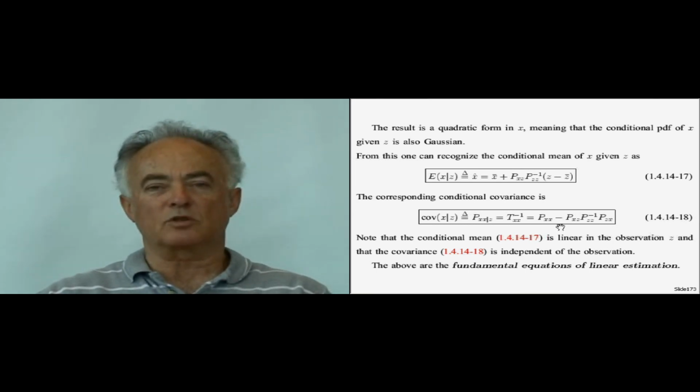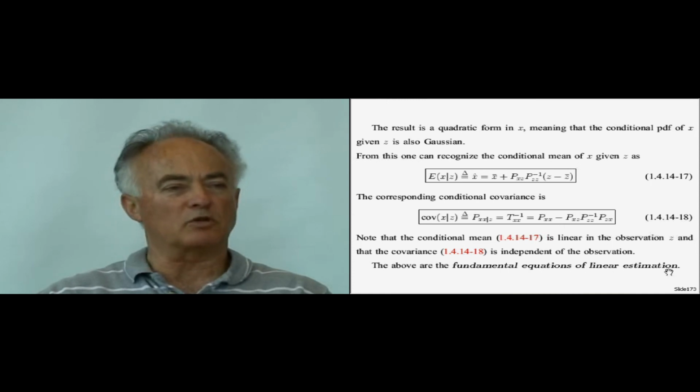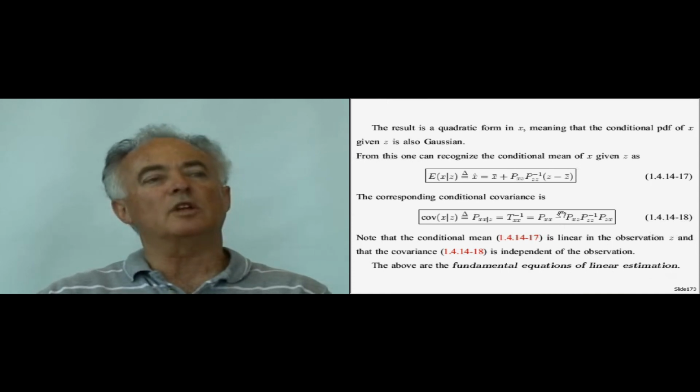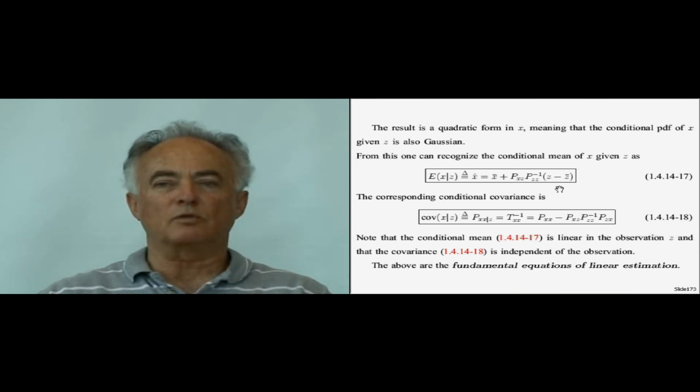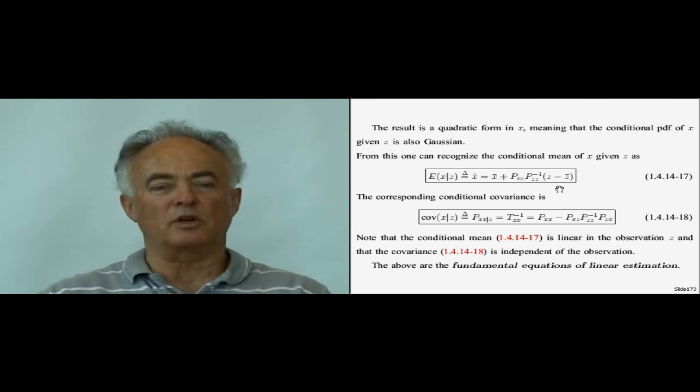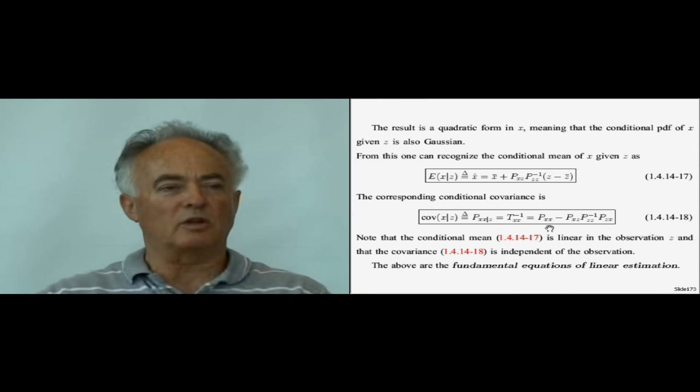Namely, the covariance of x conditioned on z can be calculated without need to know what will be the value of z. And these are the fundamental equations of linear estimation. And we'll see that later when we do least squares estimation and the Kalman filter, all have forms very similar to this fundamental equation.